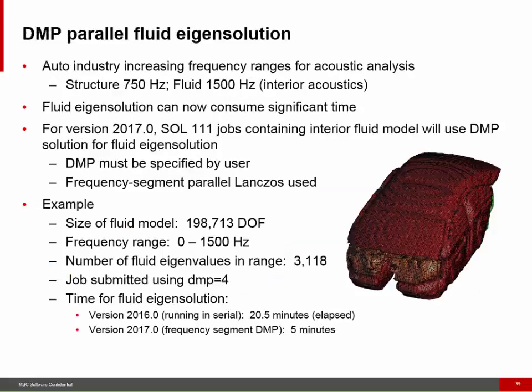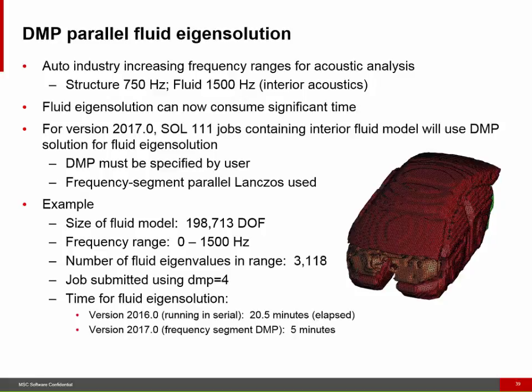So the DMP parallel fluid eigen solution. For many automotive models, we see an increasing size of the interior fluid domain, and you also want to go to higher frequencies. And that can mean that the solution of the fluid modes can consume significant time.